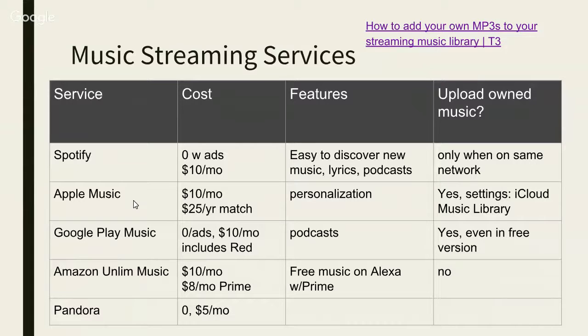Amazon Unlimited is $10 a month. If you have Prime, it's $8. Now, if you have Prime and you have an Echo, Alexa, then the music feels free. But you're really paying for it with your Amazon Prime.